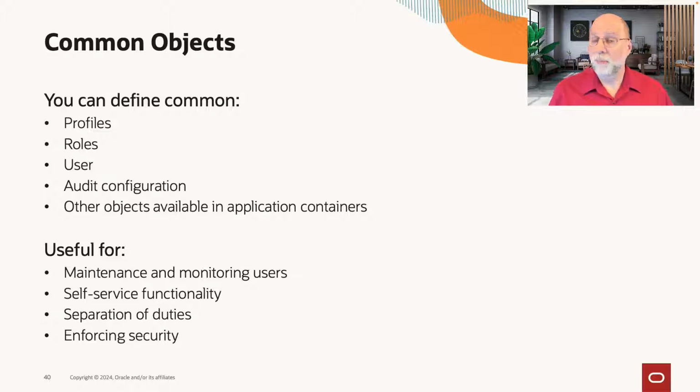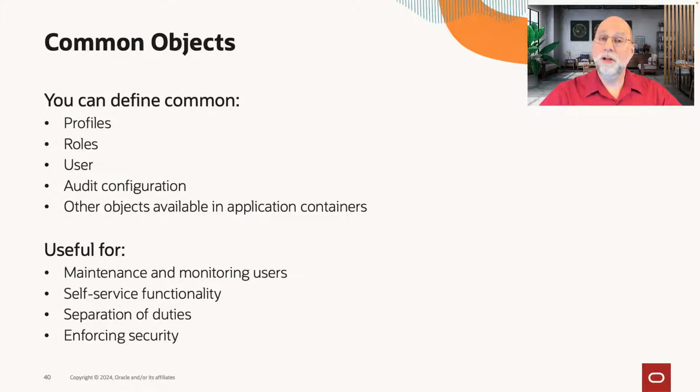You can also have separation of responsibility, or what we call on the slide here, separation of duties. Maybe you have a security admin on one hand, which needs one set of privs, and an application admin on another that needs another set of privs. And you want to use the principle of least privilege to give each of those users only and exactly the privileges they need, while still letting them access all of your containers.